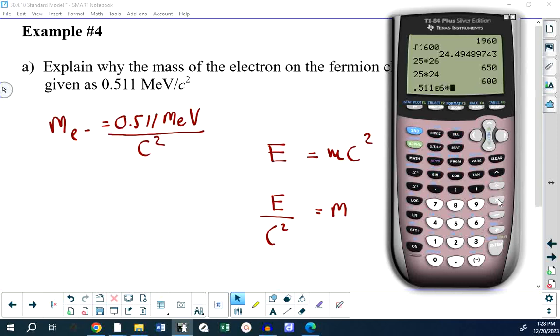And I want to multiply by 1.6 multiplied by 10 to the negative 19 because that's how many joules there are per electron volt. So this is the energy equivalent of the mass of an electron. If I divide by the speed of light squared, I get 9.08 times 10 to the negative 31.